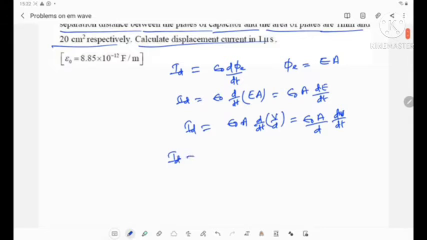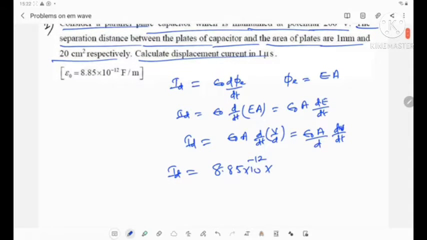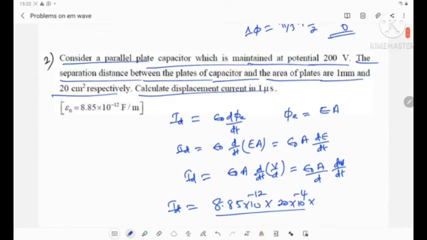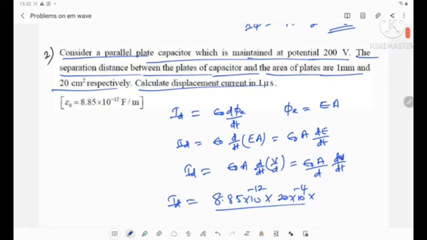Therefore, ID is equal to epsilon naught, 8.85 into 10 to the power of minus 12, and the area is 20 centimeter square, 20 into 10 to the power of minus 4 meter square, and the thickness or separation between the plates is 1 millimeter.